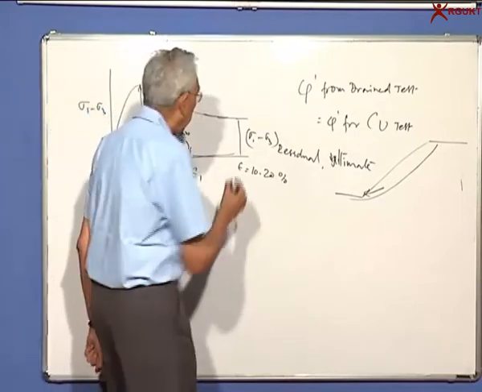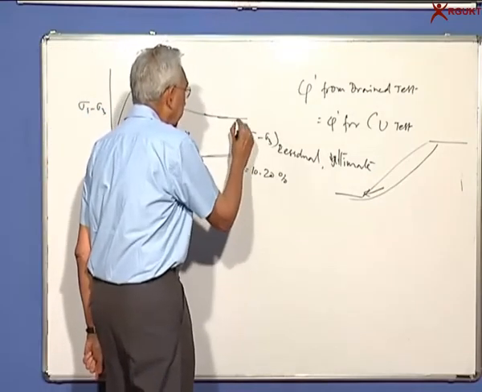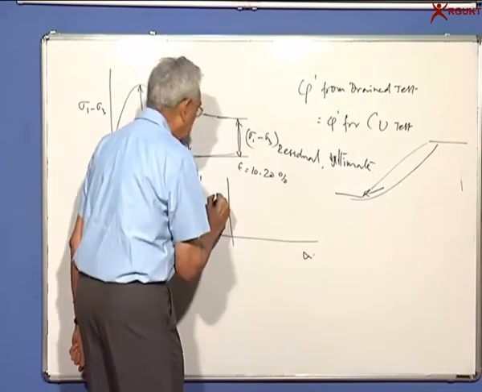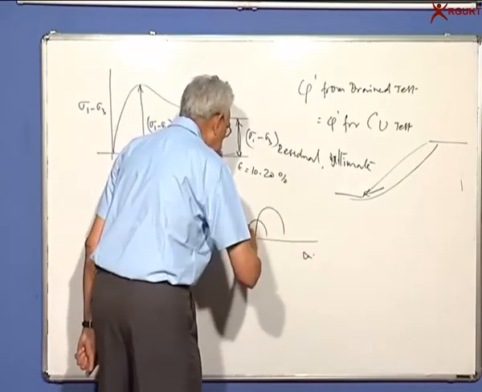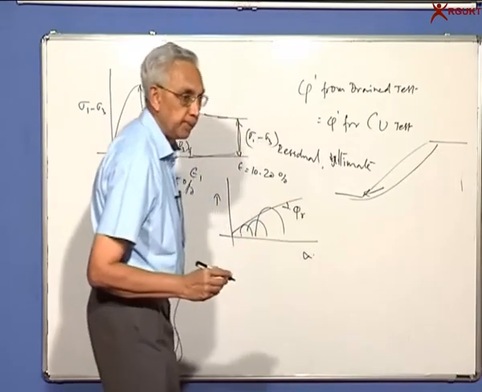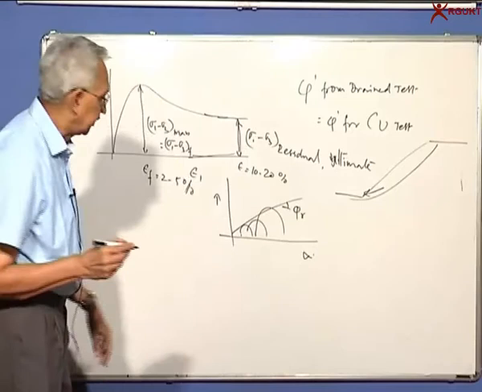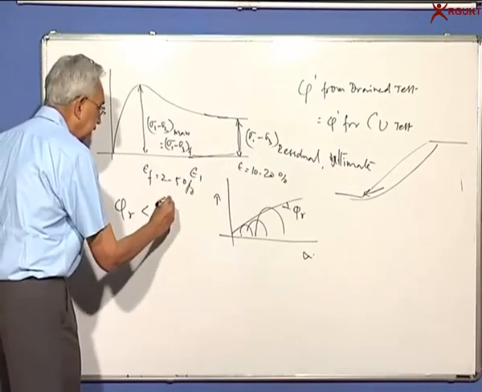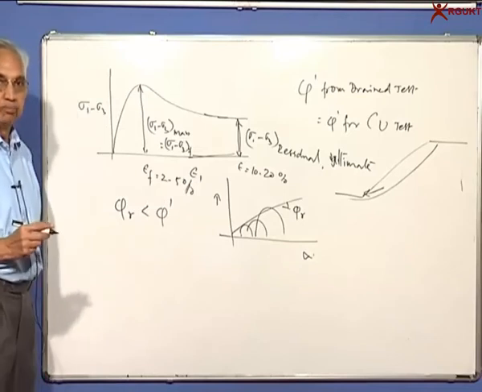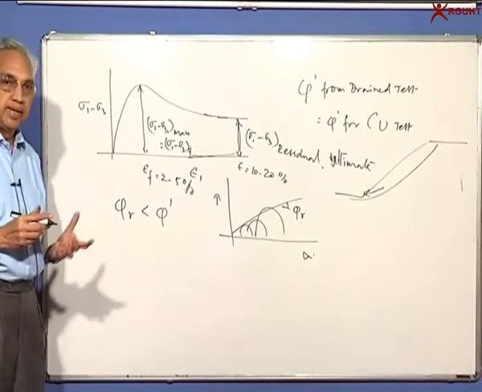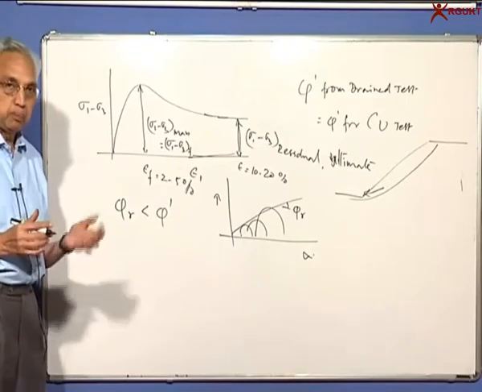So if I now plot this particular value, on sigma and tau, I will get phi residual, the strength at large strains. So what you will find is phi residual is less than the maximum strength. So we have to choose the appropriate strength corresponding to the kind of problem.